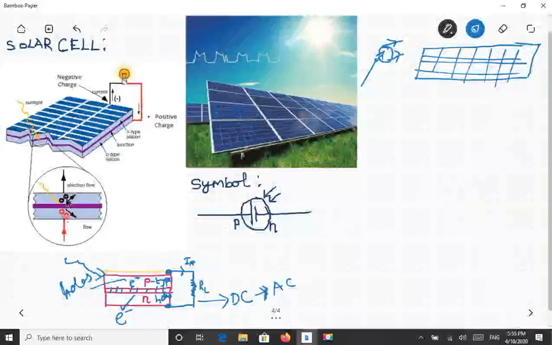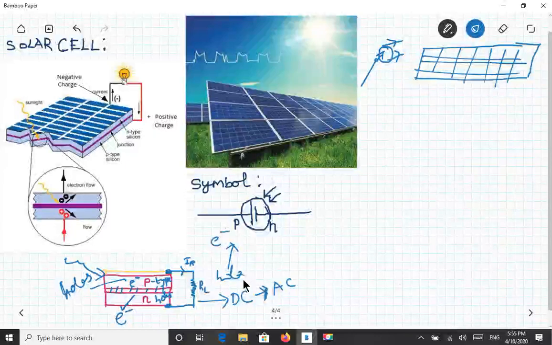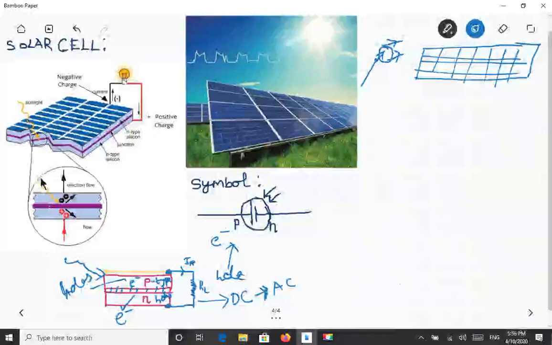If an electron is excited, a hole is automatically created. If the electron goes up, a hole is created here. This is always called pair generation, and it happens by the sunlight.